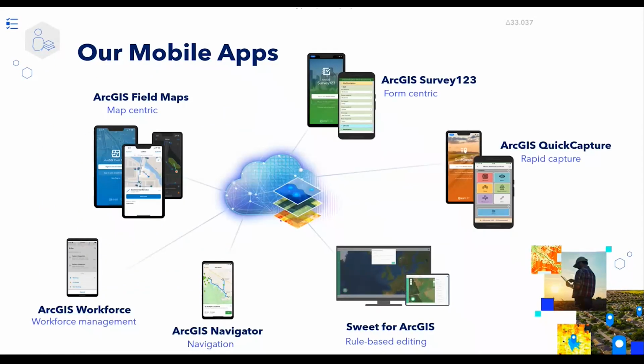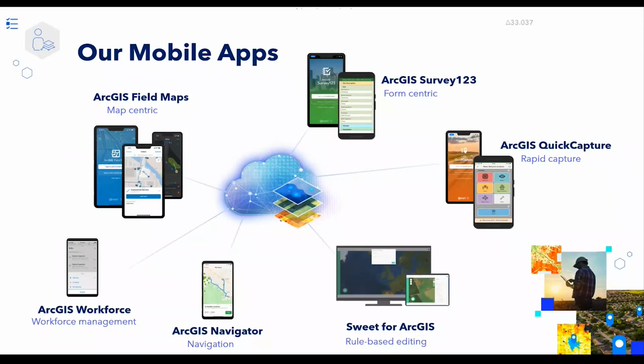So these are all of our mobile offerings. We currently have 6 apps suited for field operations. Now, with the first of which really being ArcGIS Field Maps, which is increasingly becoming our all-in-one application for both data capture and editing as well.